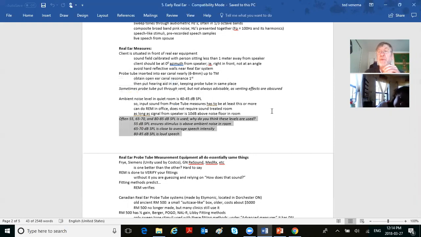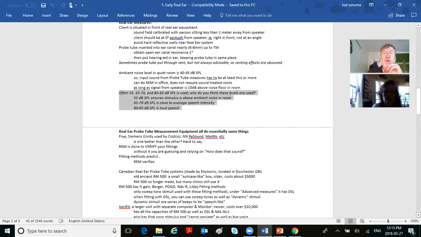We tend to use 3 different inputs: 55, 65, and 80 or 85. 55, 65, and 80 to 85. Soft, average, and loud inputs. Soft inputs, average inputs, loud inputs, and you should have a good handle as to what those decibel levels are. Okay? Remember to memorize the loudness of average conversational speech: 65 dB SPL, 55 dB HL.